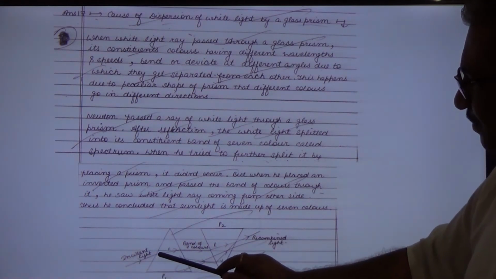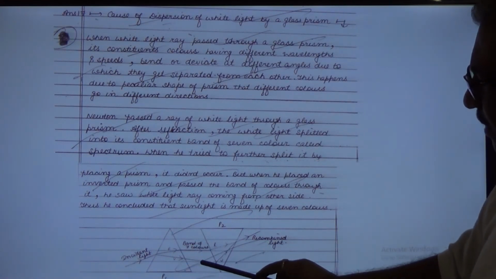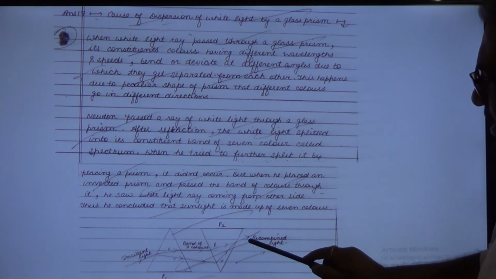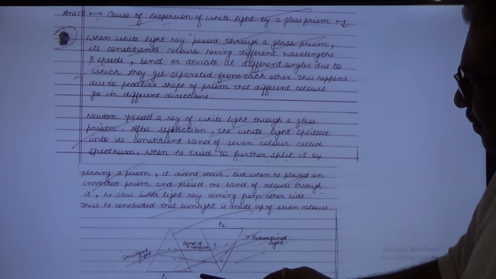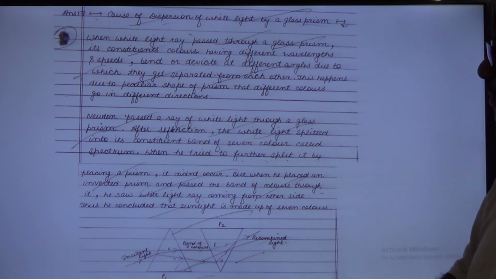Incident white light, R and V, band of 7 colors, R and V, and finally recombined light. This diagram is perfect. You can check your textbook.